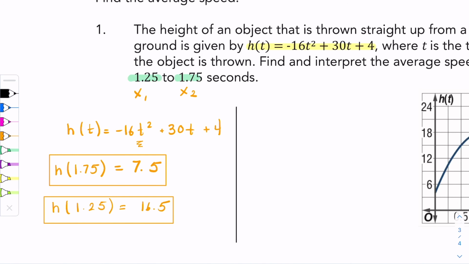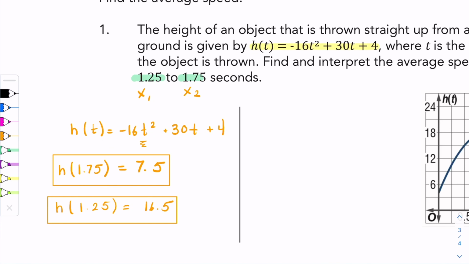All right, now that I have the function evaluated with my two values, I know that the first one is f of x sub 2, the second one is f of x sub 1. I can substitute these into the equation and I can solve.